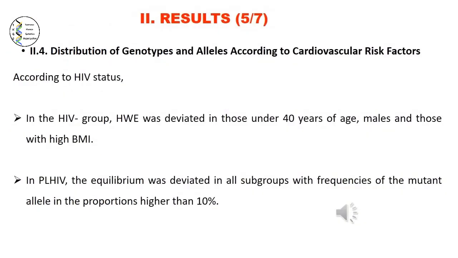According to HIV status, in the HIV-negative group, Hardy-Weinberg equilibrium was deviated in those under 40 years of age, male, and those with high body mass index. In persons living with HIV, the equilibrium was deviated in all subgroups with frequencies of the mutant allele in proportion higher than 10%.